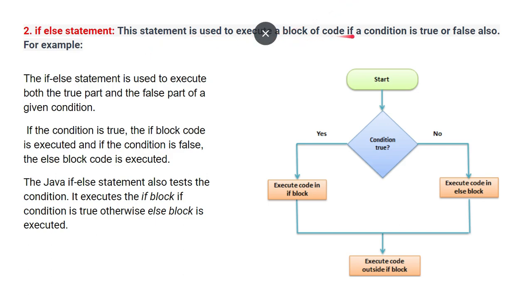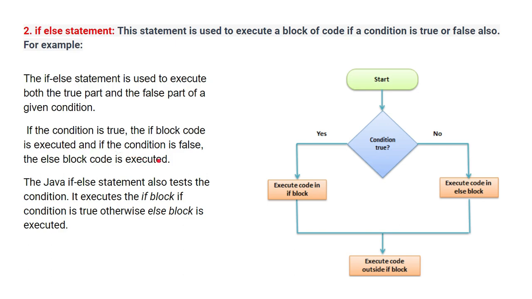In both conditions, even if it's true or false, it will be executed and it will go with the if or else statements. So the if else statement is used to execute both the true part and the false part of a given condition. If the condition is true, then the block of the if is executed, and if false, the block of the else is executed.